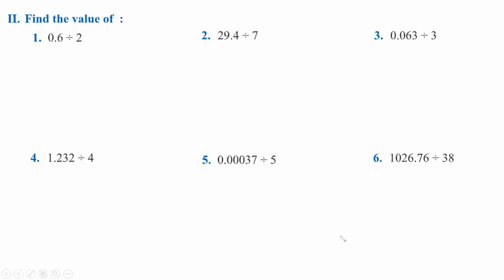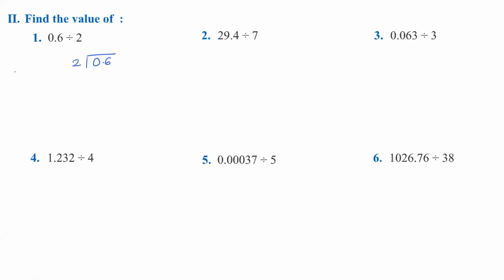Find the value of 0.6 divided by 2. First method: in all the questions, all the divisors are whole numbers, so we can do the division directly. Write it directly. First one, 0.6 by 2. So 0.6 is the dividend and 2 is the divisor.